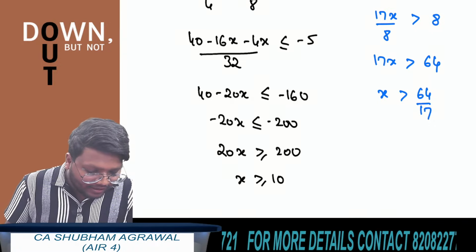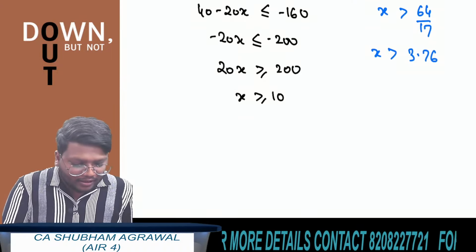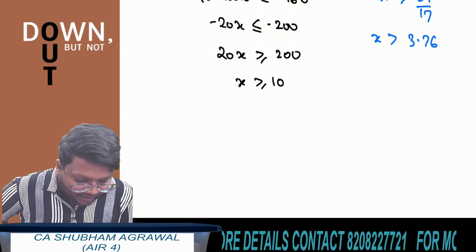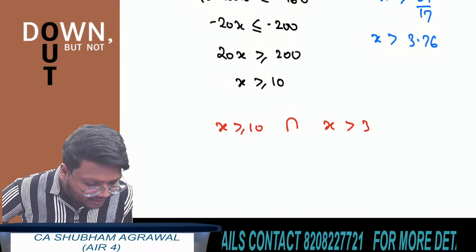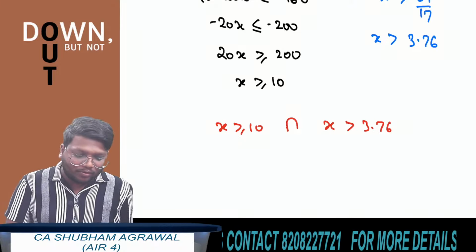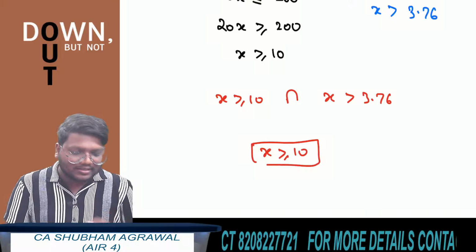So we can write it as x is greater than 3.76. If you are finding the intersection of x is greater than or equals to 10 and x is greater than 3.76, the intersection will be what? x greater than or equals to 10.